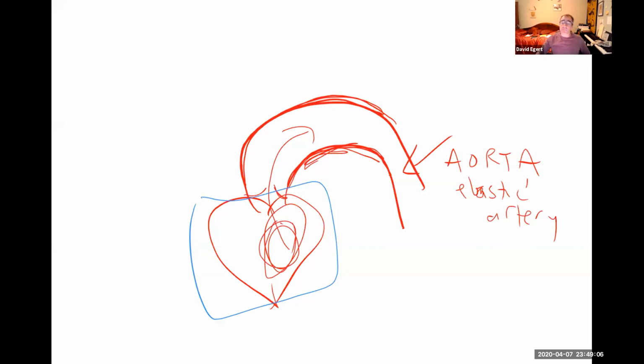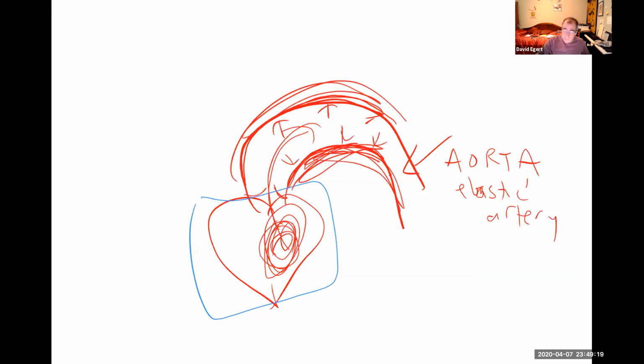It's basically because when the heart is pumping and pushing the blood out, it's also ballooning out the aorta. So the aorta is expanding because it's very elastic. And then when the heart goes into its refilling mode, when the heart is in diastole, the blood can't go back into the heart because of this aortic semilunar valve.